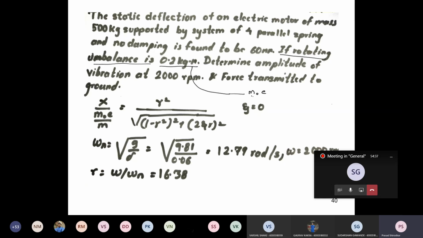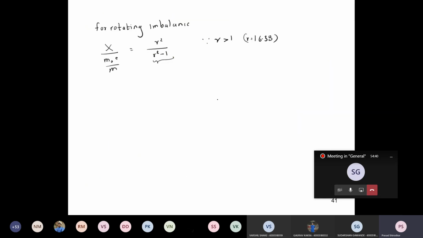So you have to directly substitute that value in our equation. m0 e is 0.2, m is 500, and r you already know, 16.38, so calculate x. That is the first part of the question.